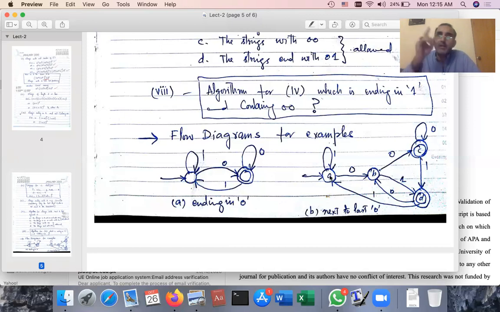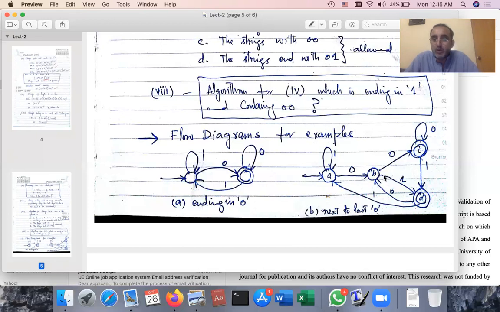0 0 1 is also a valid string, so now you have to think 0 0 and then taking 1 and reaching an acceptance state. This is also now accepted in this finite automata flow diagram. So 0 in this direction and 1 is here, okay.